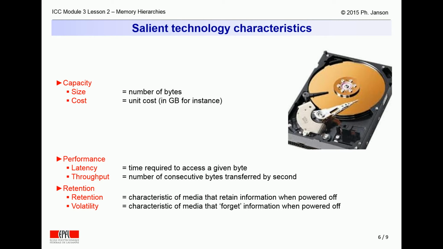Their performance is characterized by their latency and their throughput, where the latency is the time needed to access a given byte on a device, and the throughput is the number of bytes that can then be transferred in or out of the device every second. Their retention characteristic specifies whether they are able to retain information when powered off, or whether this information is volatile and erased, lost, when powered off.